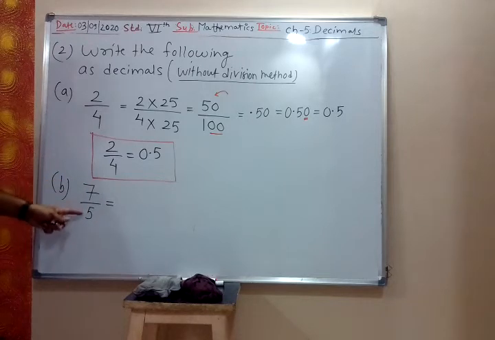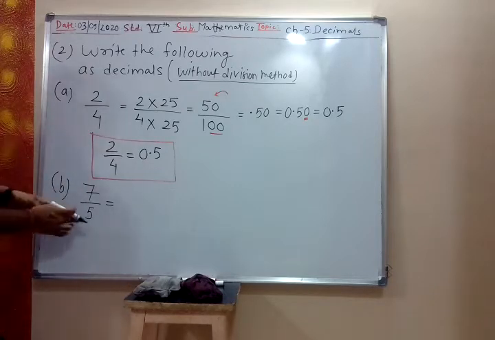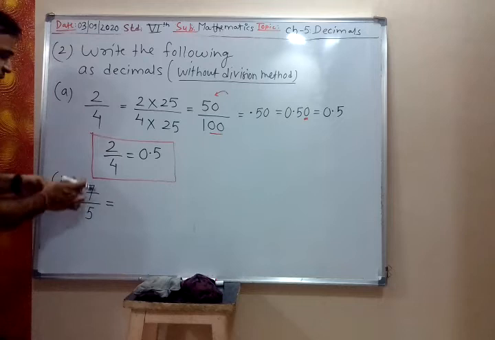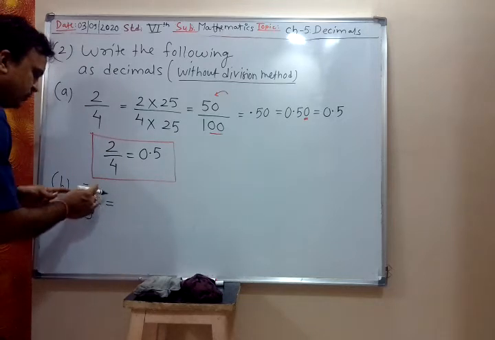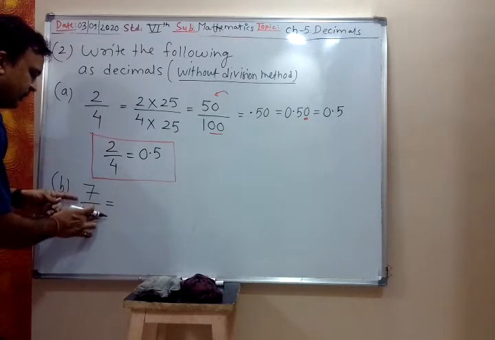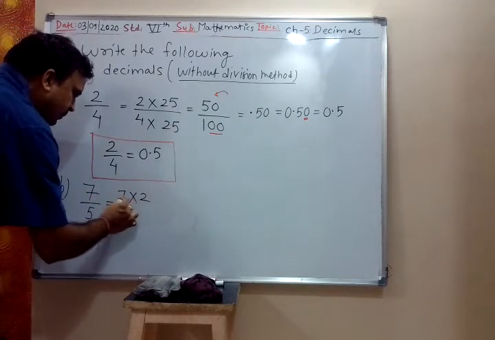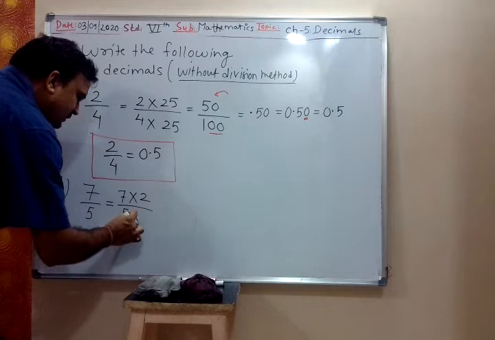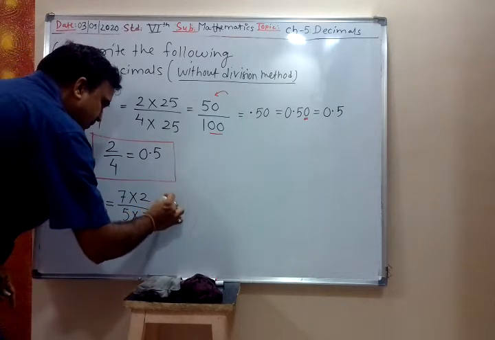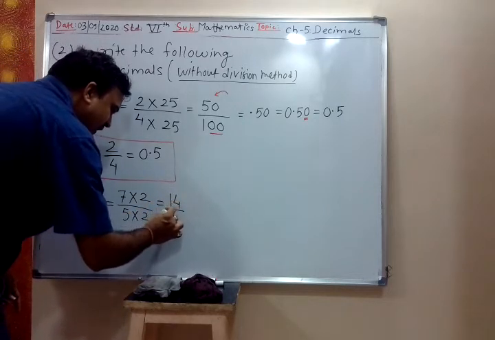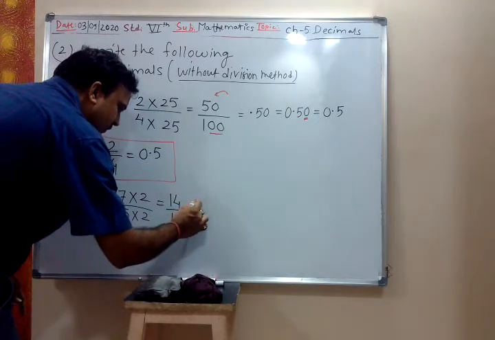What we do is make the denominator 10, 100, 1000, or 10,000. It is 5, so easily we can make it 10. So we multiply this 5 by 2: numerator multiplied by 2, denominator multiplied by 2. So 7 into 2 upon 5 into 2. 7 2s are 14, 5 2s are 10. So it is 14 upon 10.